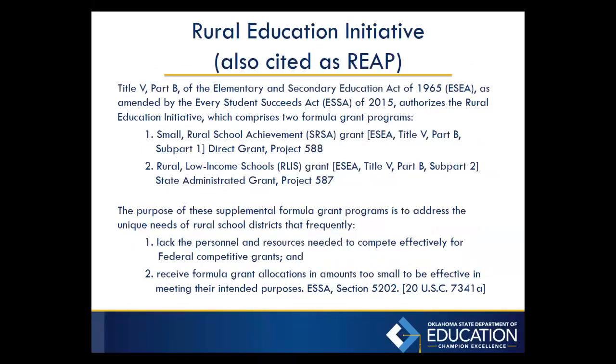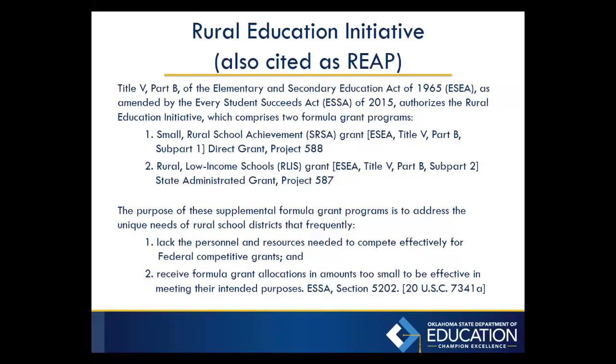The Rural Education Initiative, also cited as REAP, is Title V, Part B of the Elementary and Secondary Education Act of 1965, as amended by the Every Student Succeeds Act of 2015. It authorizes the Rural Education Initiative, which comprises two formula grant programs.